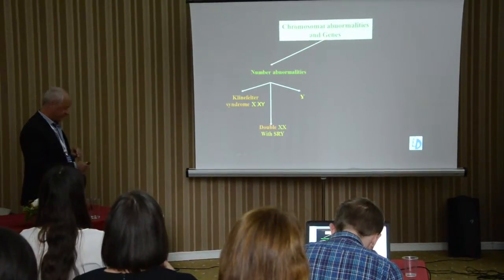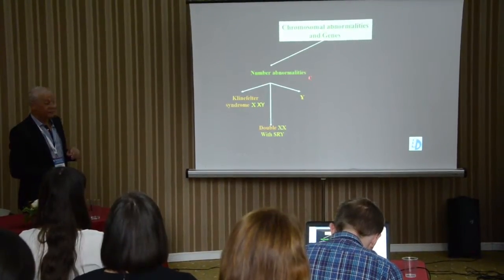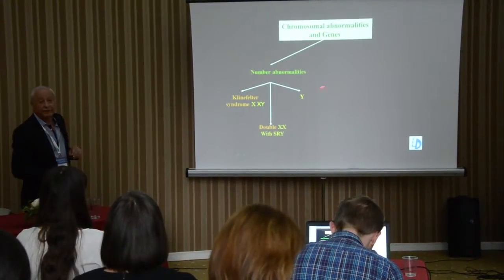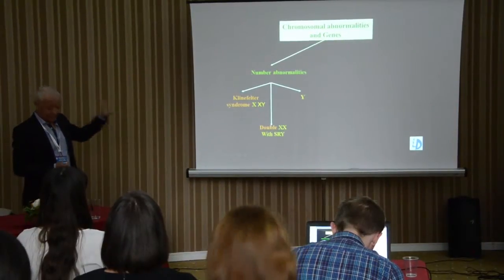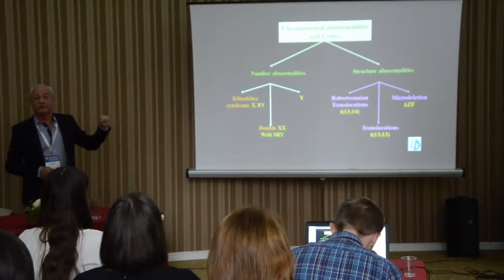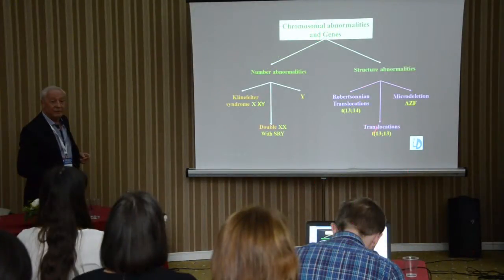One is numerical abnormality, like Klinefelter syndrome with XXY, or XXX or YY. These are abnormalities in the number of chromosomes. And here you have abnormalities in the structure of the chromosome. Sometimes we have a Robertsonian translocation, balanced or unbalanced, with chromosomes 13 and 14, or sometimes it involves the same chromosome. This is for the chromosome.